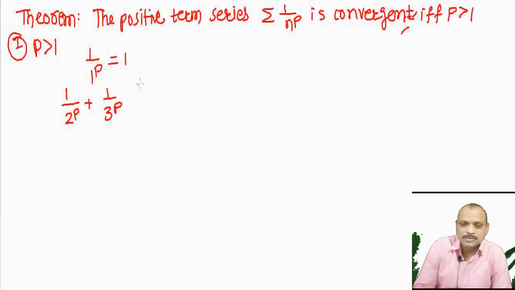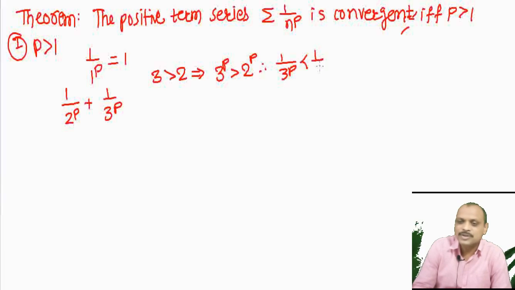Friend, we know that 3 is greater than 2, so this implies that 3 raised to p is greater than 2 raised to p, and therefore 1 divided by 3 raised to p is less than 1 divided by 2 raised to p. So here 1 divided by 2 raised to p keeping as it is, and instead of 1 divided by 3 raised to p I am going to write 2 raised to p.